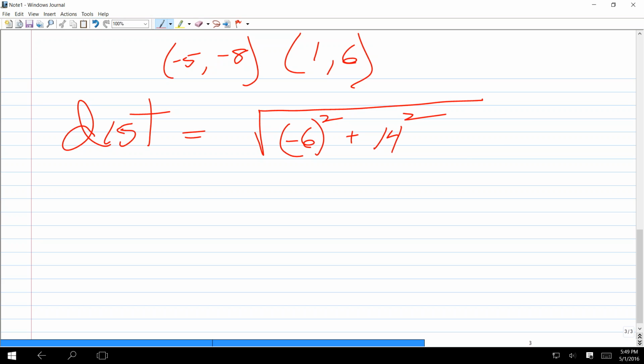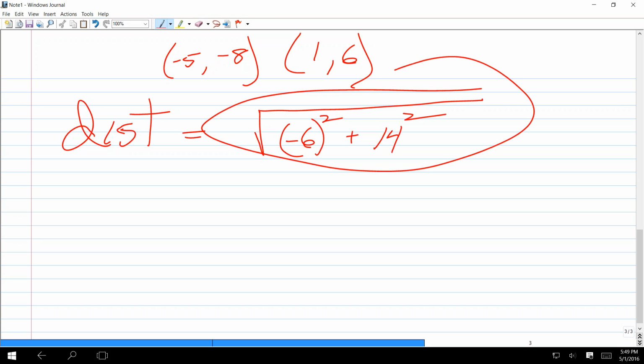Okay, and then whatever that number is, if you have a calculator, you can do it, or you can leave it in radical form. They probably want you to leave the answer in radical form. What's 14 squared? Added all together, the whole thing is the square root of 232. Is that number divisible by 4?